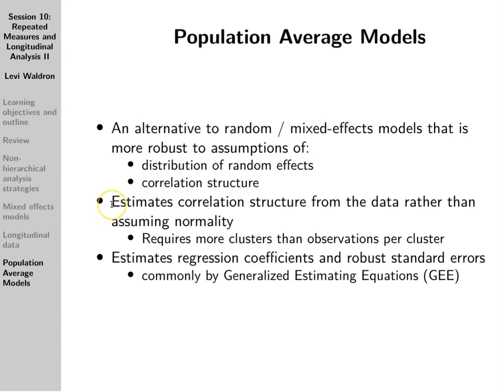Under this approach, we estimate correlation structure directly from the data rather than assuming normality. But this works better when you have more clusters than observations per cluster. If you only have a few clusters or groups, it's difficult to estimate that correlation structure.